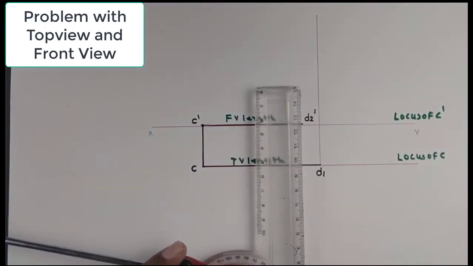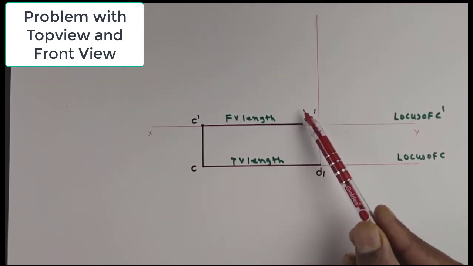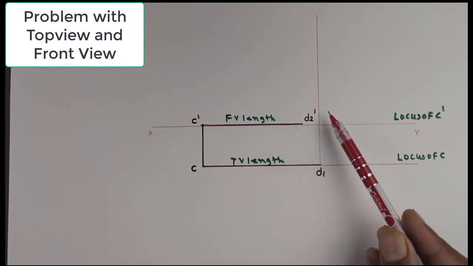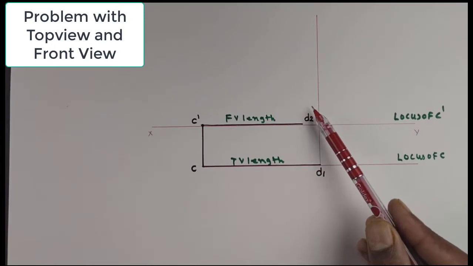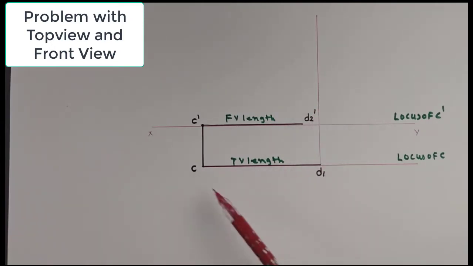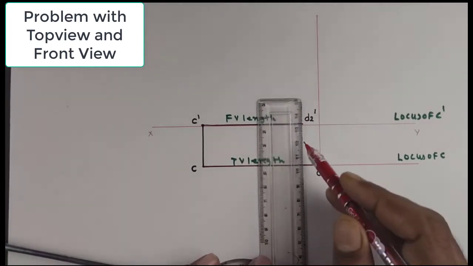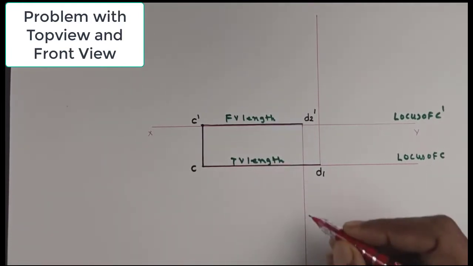Similarly, it is your D2 dash, the elevation point of plan point D2. So where is your D2? D2 is our true length end point in top view. So D2 is here. For that we take the downward projection from D2.